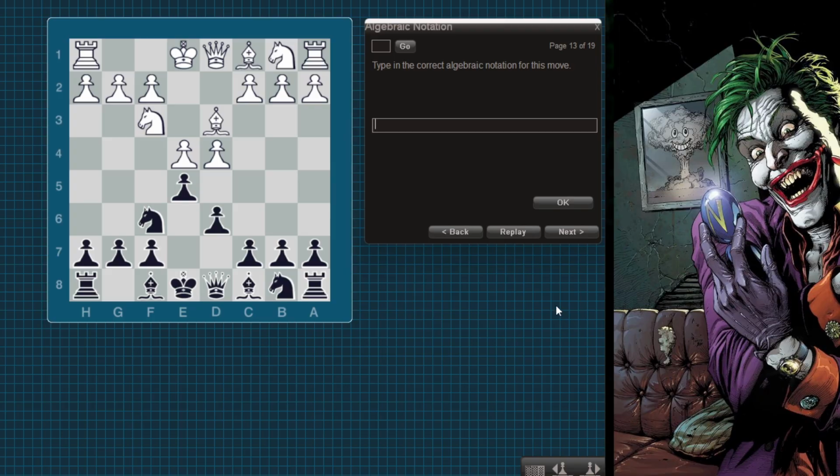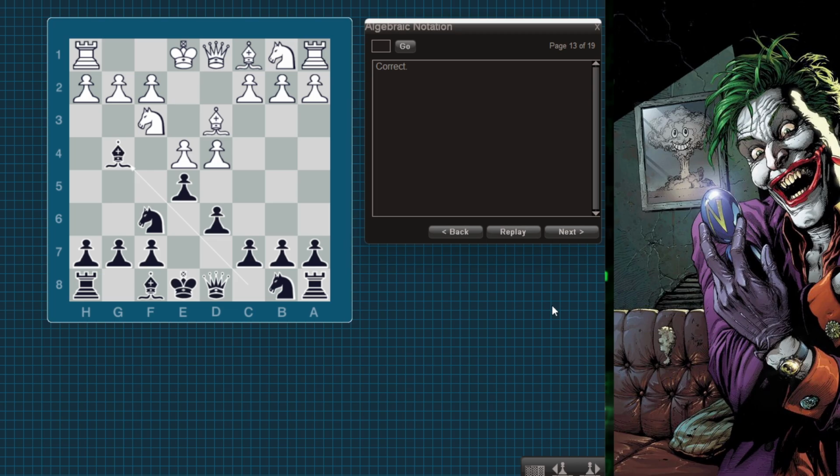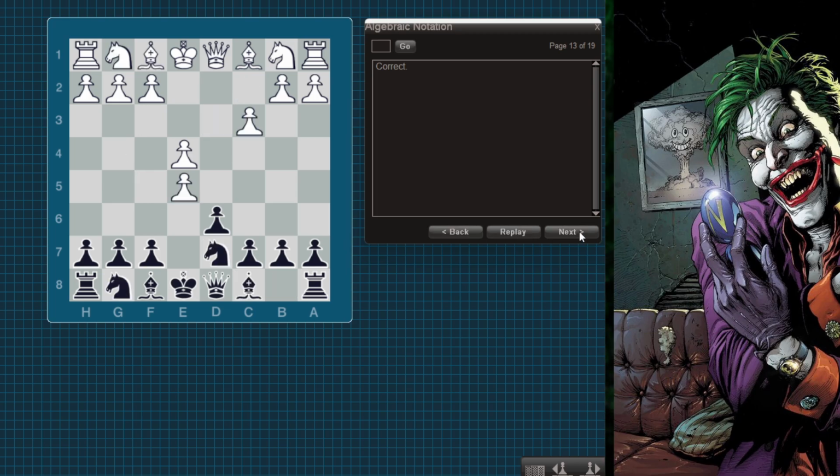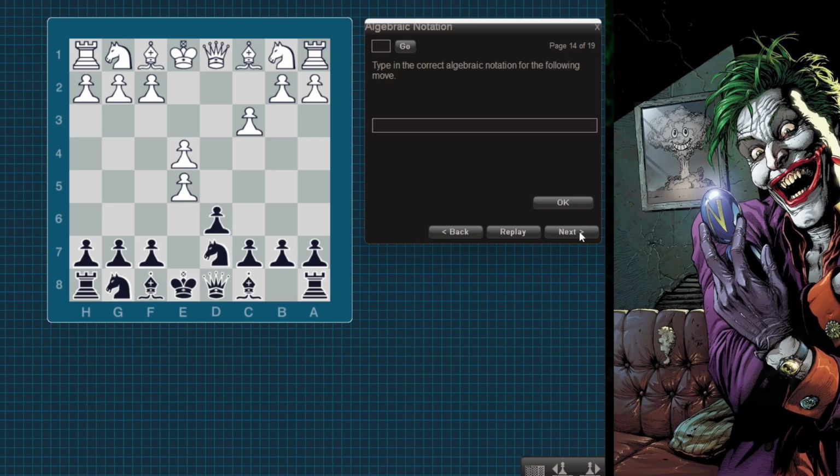Type in the correct algebraic notation for this move. Correct. Type in the correct algebraic notation for the following move.